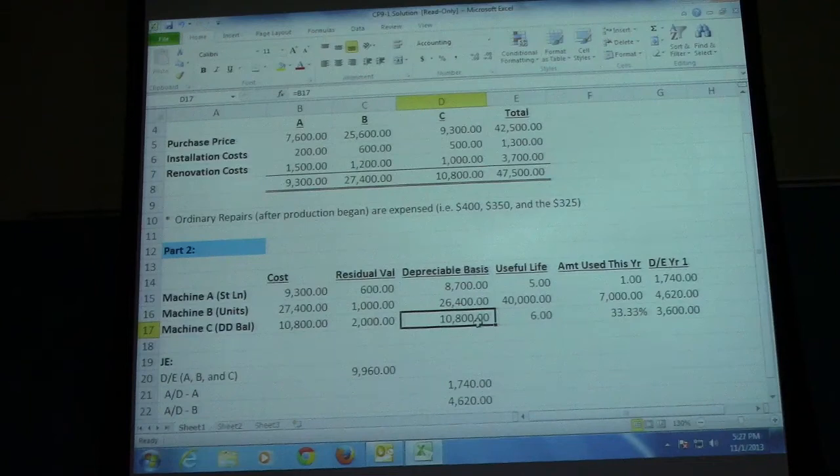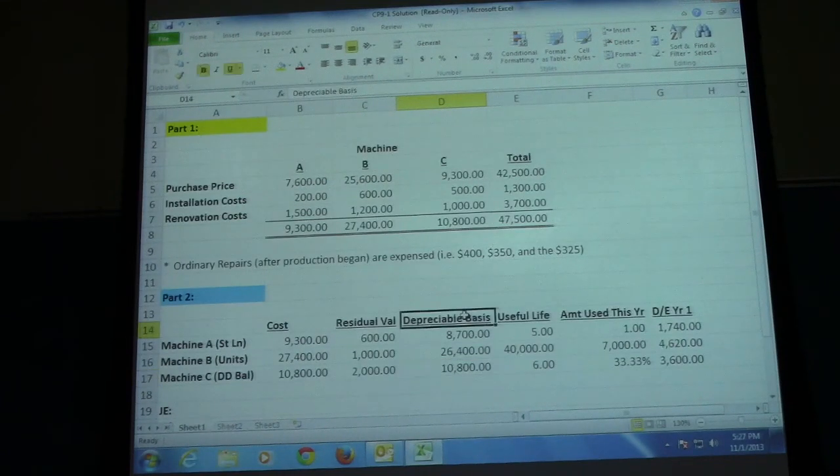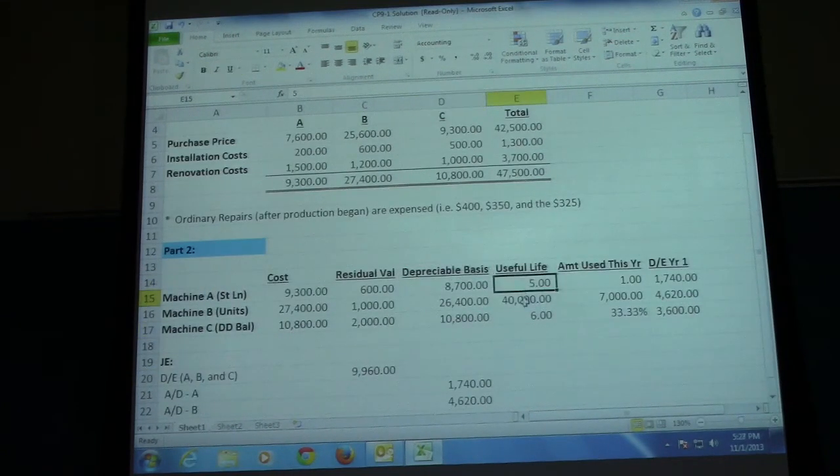So you can tell by pressing F2 again that the cost is simply the same as the net book value in this first year. We haven't subtracted out residual value. I just put it in there for consistency purposes. Okay? Once we have the depreciable basis, we then consider the useful life or the rate that is being used and calculate out depreciation. Again, these amounts were simply given to us, right?